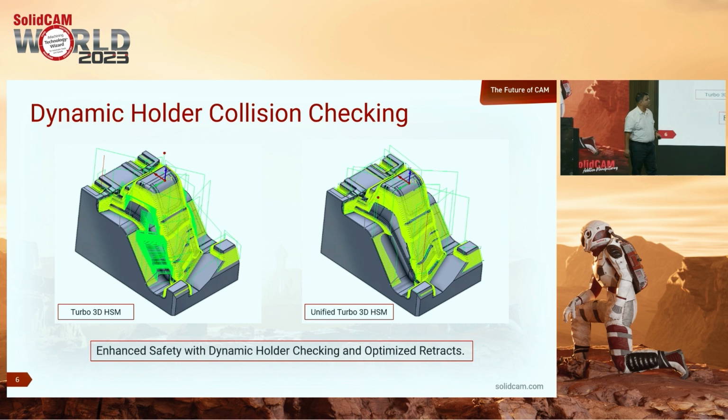Whereas with the unified, the holder is taken into account in the calculation stage itself. Using the 3D trimmer, it separates out regions and then links them separately at the end. Therefore, you can see that the toolpath is much cleaner, separated region-wise, much cleaner than our regular turbo 3D HSM or the legacy HSM engines put together.